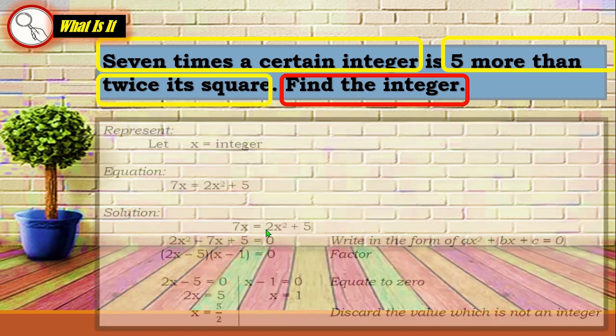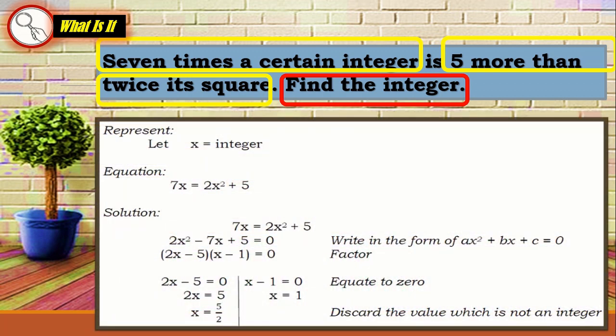So, let's represent that integer with x. And then, using our knowledge of the problem, we have 7 times a certain integer is 5 more than twice the square of that number.